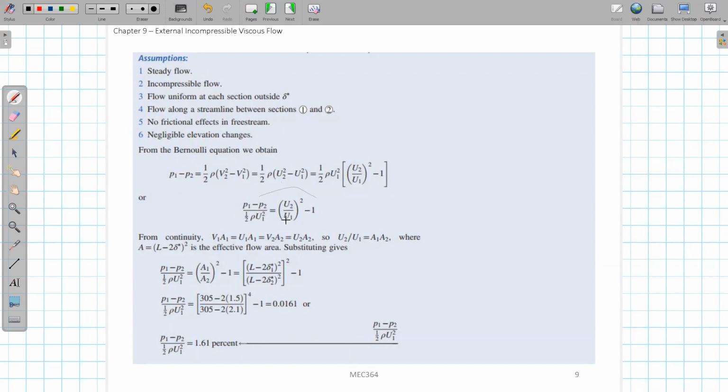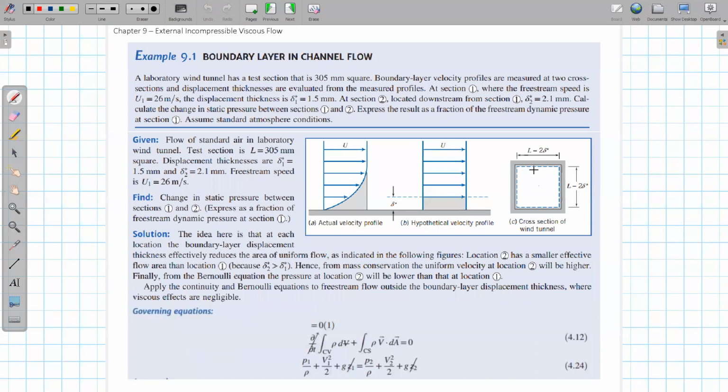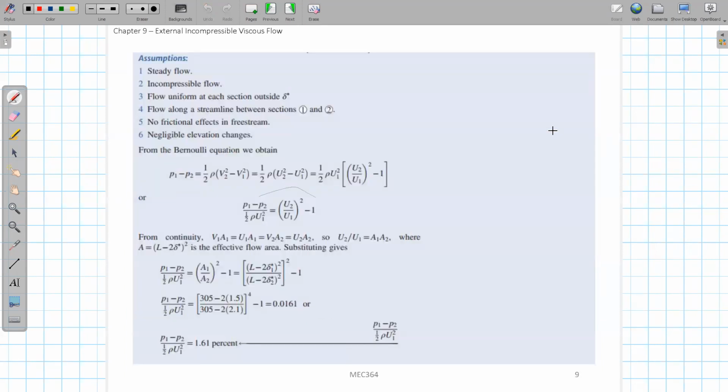So how do we find the U2 to solve this problem? It's still with our assumption made, that this L is much larger than delta star. So we can calculate the velocity through the continuity.